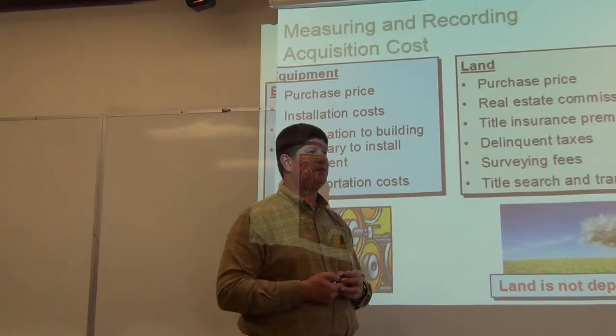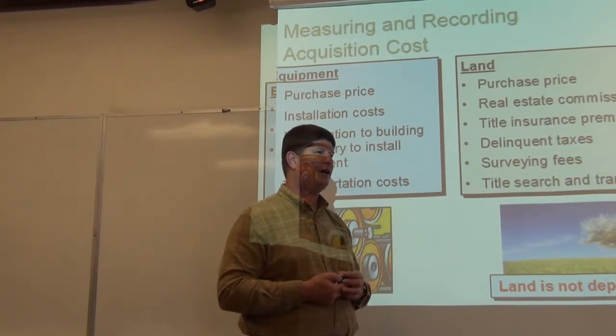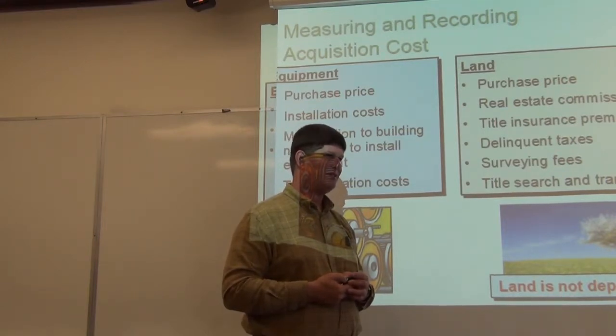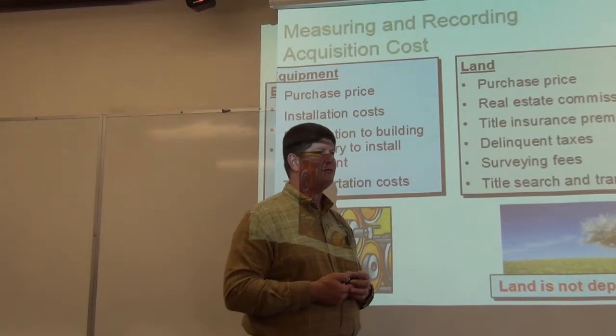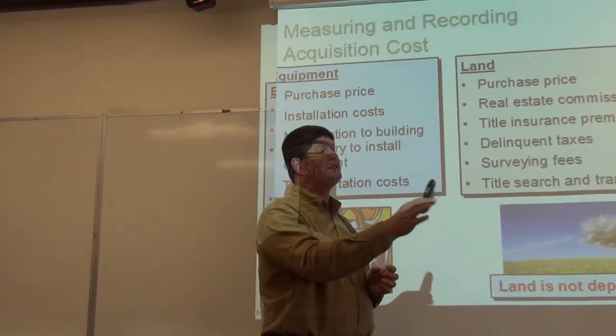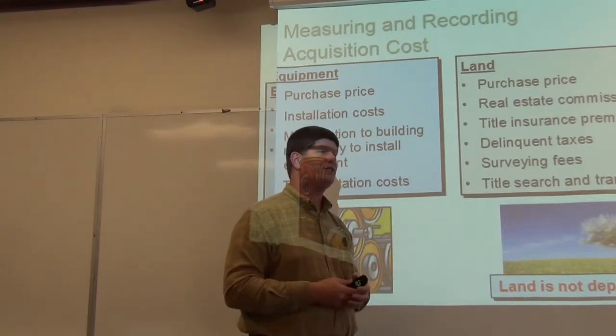And if the neighborhood goes into decline and values aren't what they used to be, what do you do? Is that the question? Yeah. When you go to sell, it's an easy answer because you have a gain or loss when you sell. Okay?